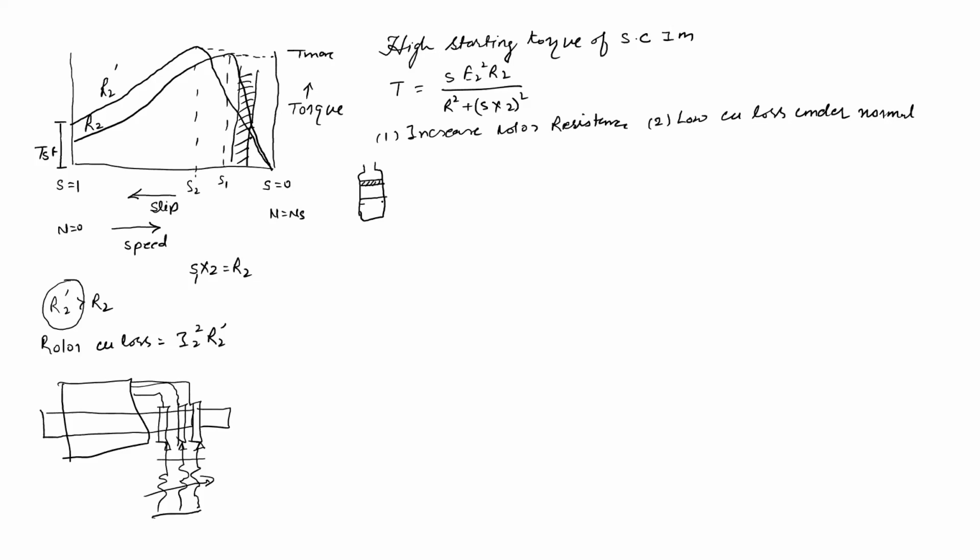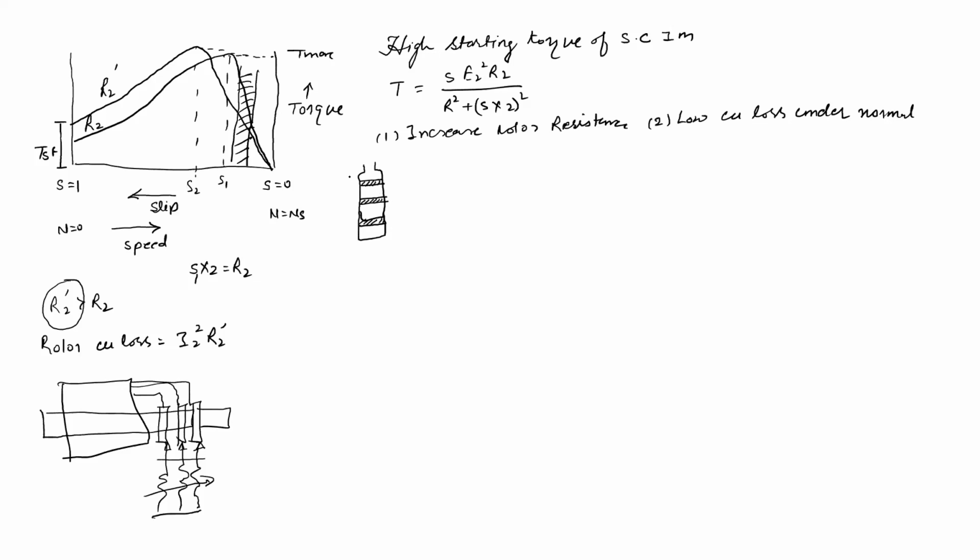Instead of a single copper bar, there are 3 sections in the rotor circuit, and all these bars are connected in parallel to each other.